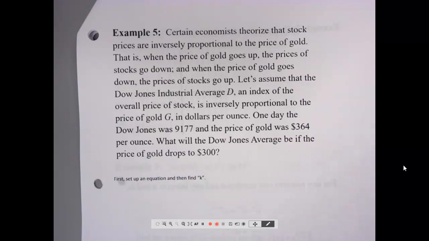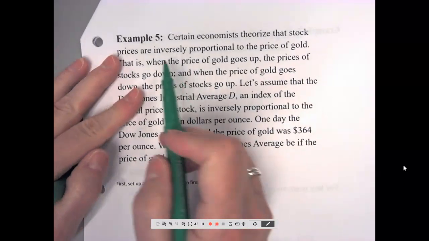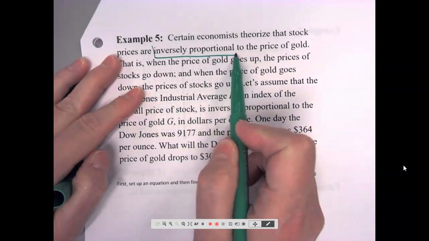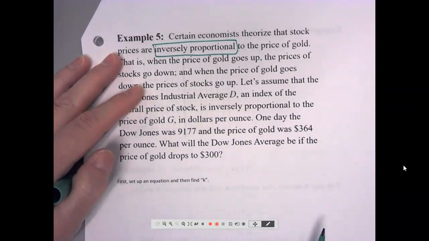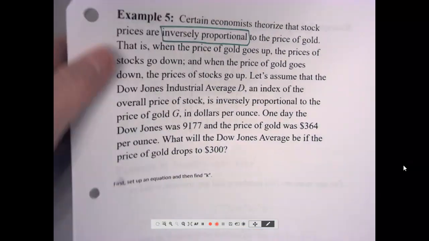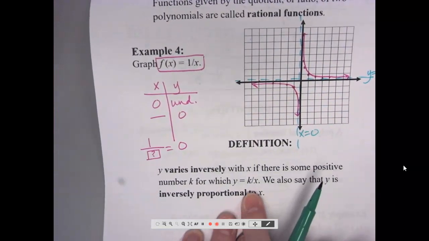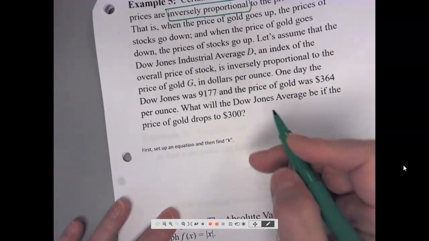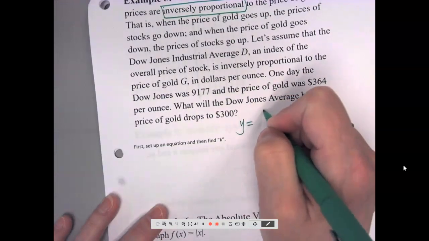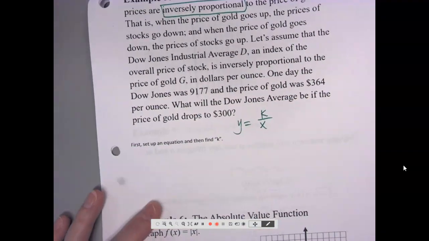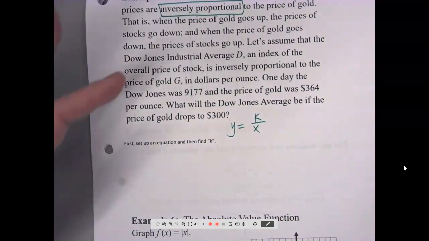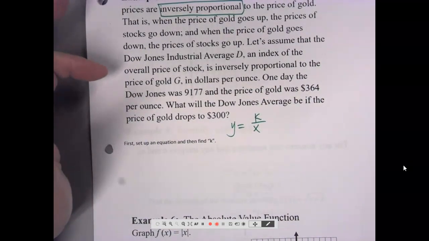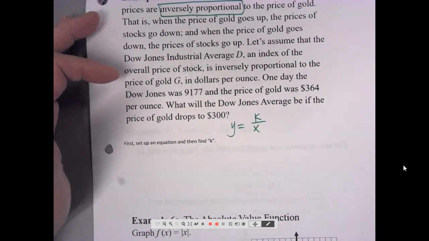Okay, if this is an inverse proportional situation, then I could use this y equals k over x as like a formula. So if I have y equals k over x, okay, instead of using x and y, I'm going to use the letters D and G that they've used here. So let's flip back just for a second.